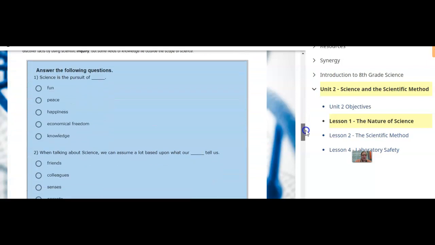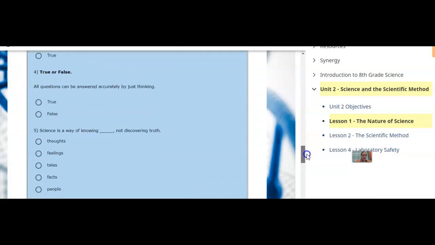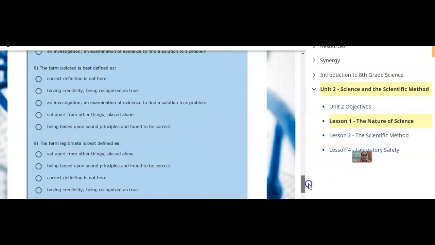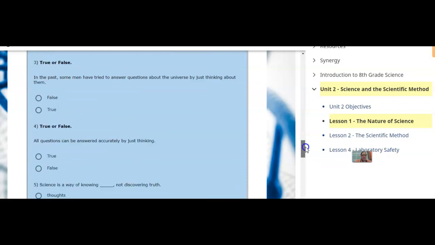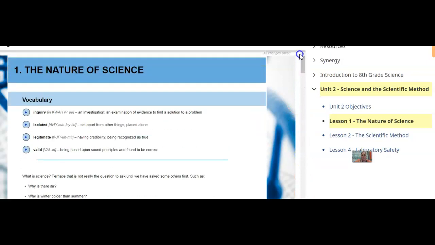At the very bottom, there are questions that I want you to answer. There should be, it looks like, 11 in total. So read Nature of Science and then answer the questions. The next time I see you, please make sure you have finished the claim, evidence, and reasoning paragraph and this selection over the nature of science.